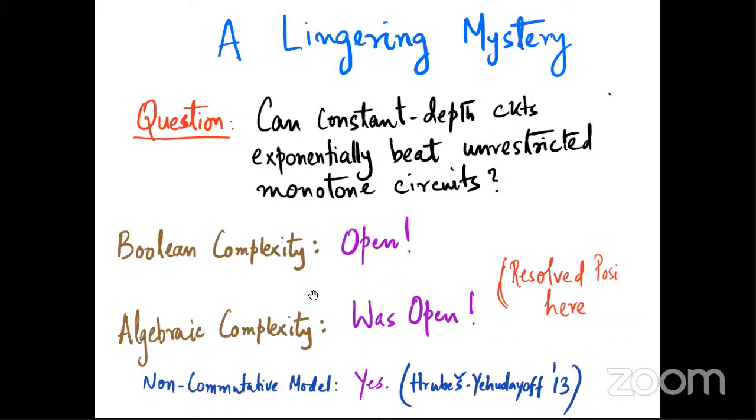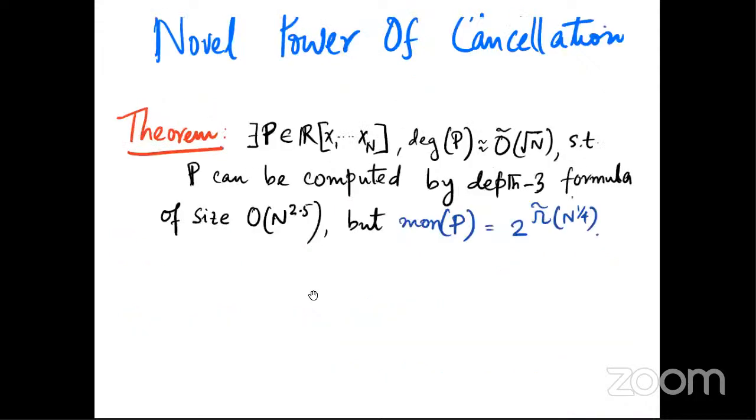We answer this question in the positive. We resolve this question for the commutative world. Any question? Okay, so our main theorem is the following. There exists some polynomial in N variables. Now I have changed to capital N, sorry about that.